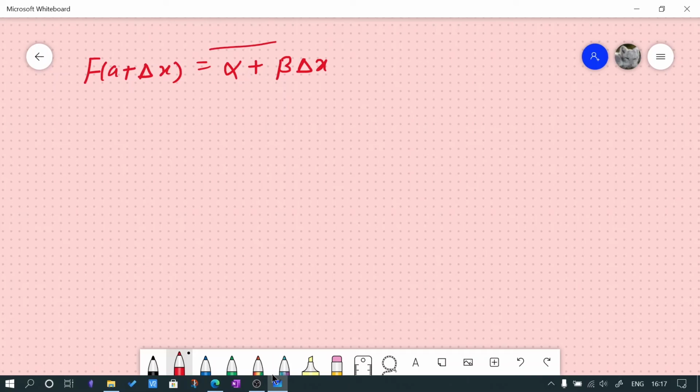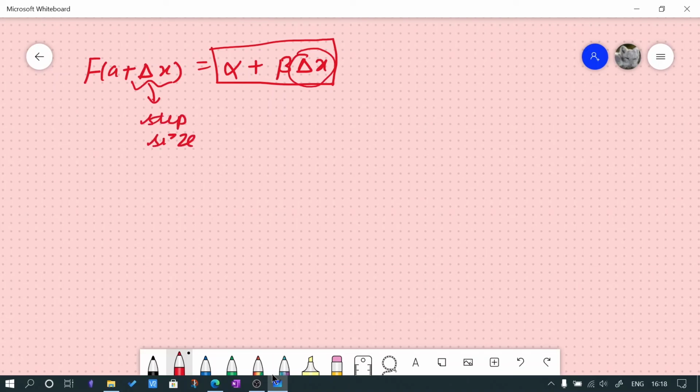So what the method suggests us to do is to approximate curves or any function as approximately small lines, and the accuracy of this method depends a lot upon the step size. This value right here is called the step size.